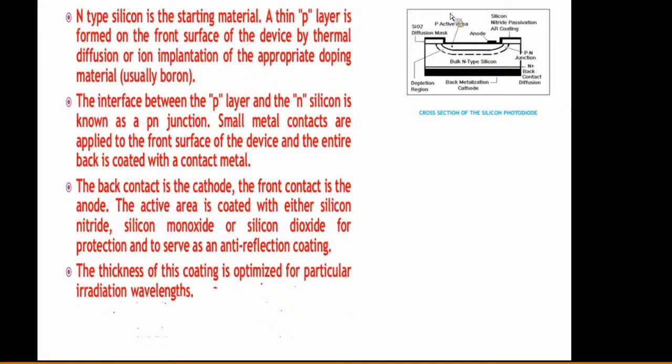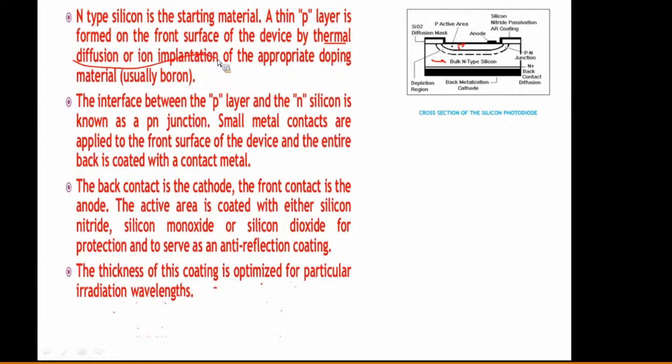This is the same diagram I kept here also for easy understanding. The N-type silicon is the starting material for us. A thin P layer is formed on the front surface of the device by a process, thermal diffusion or ion implantation. With this process only, we can form the P region as well as the N region.